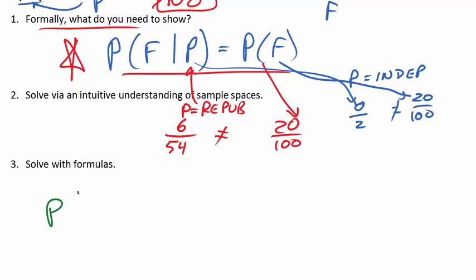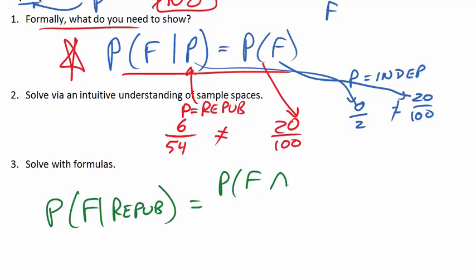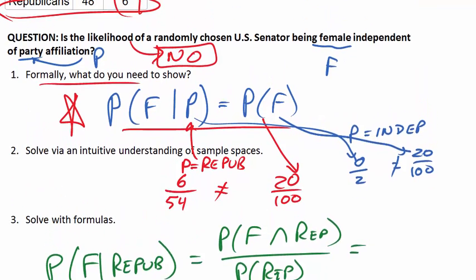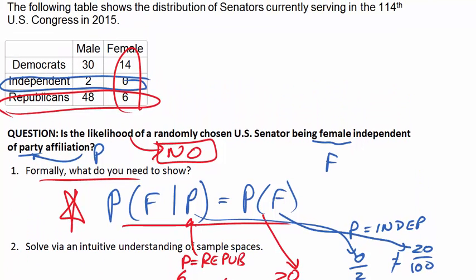So the probability of being female given Republican, I'll just go back and use the Republican example, is that equal to, well, what I need to figure out is the probability of being female and Republican divided by the given probability of being a Republican. And remember, since I'm using formulas, I'm now looking at the entire sample space. What is the probability of being female and Republican?